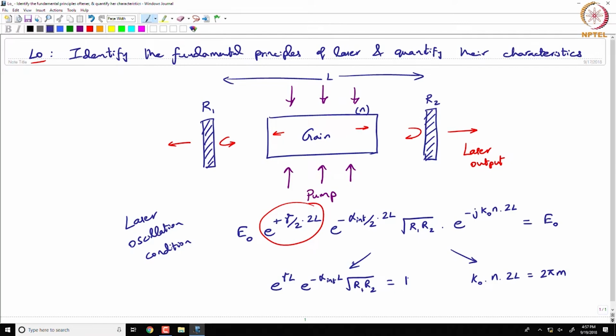Okay. So, I can take this expression on the left side and basically do a ln of that, and then I can get a slightly modified expression. Let me call this equation 1 and let us call this equation 2.